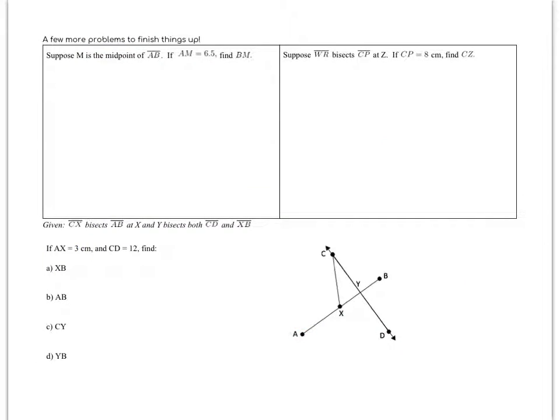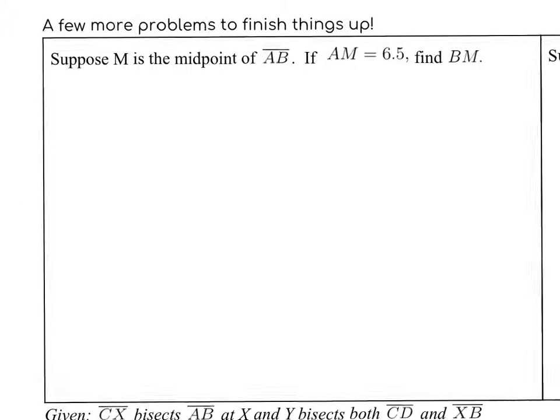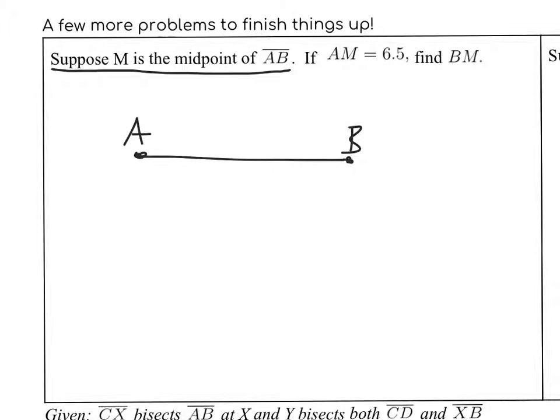Let's look at this in terms of a little bit of the algebra behind this. So we've got M is the midpoint of AB. Okay, I'm going to digest this before I even look at the numbers here. I'm going to try to draw this segment. So I've got segment AB, and it says M is the midpoint. That means a couple of things. And before I look at the numbers, I want to digest what's happening here.